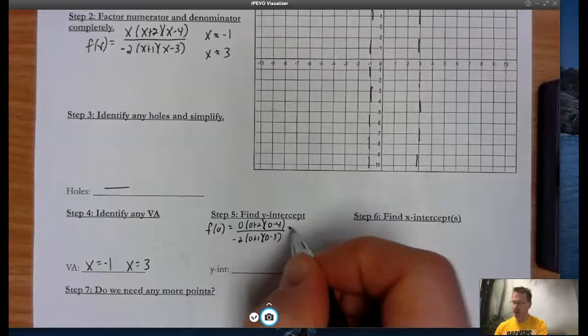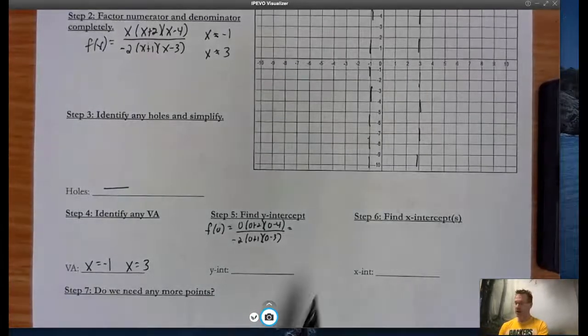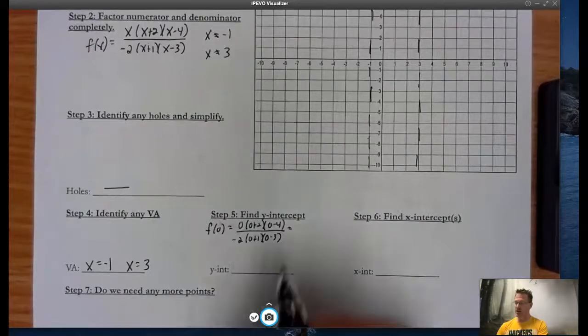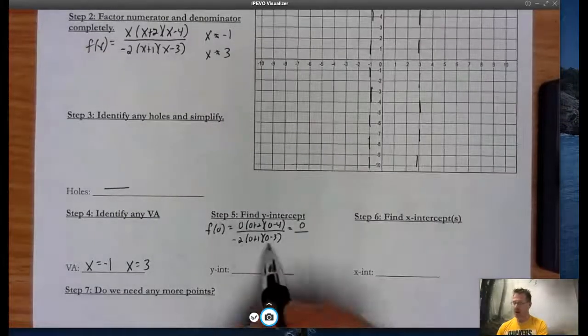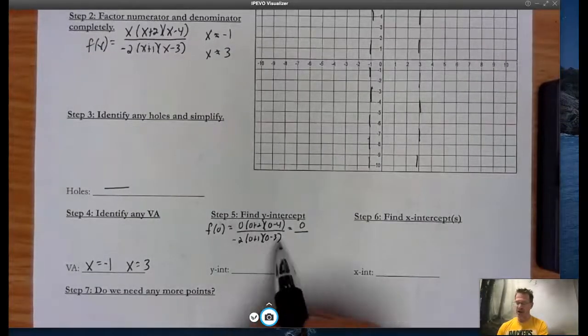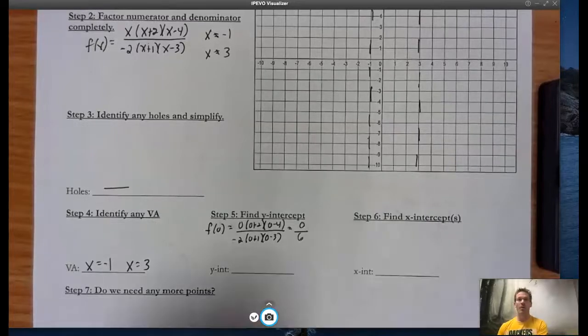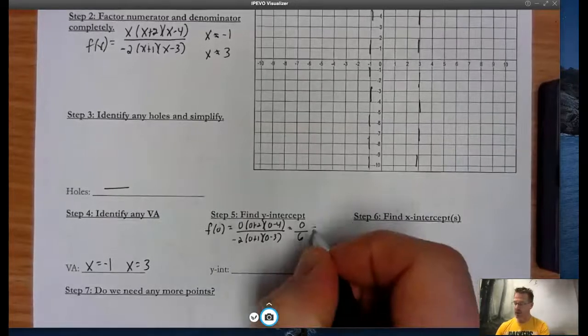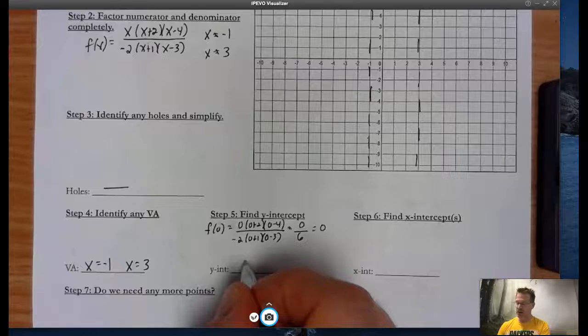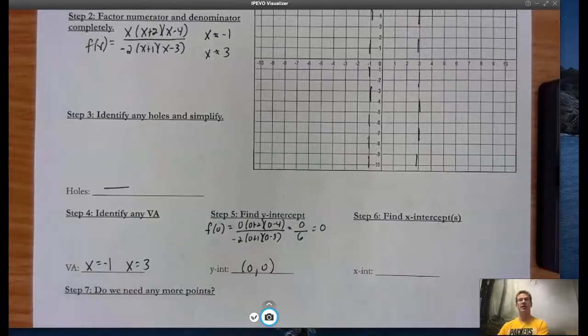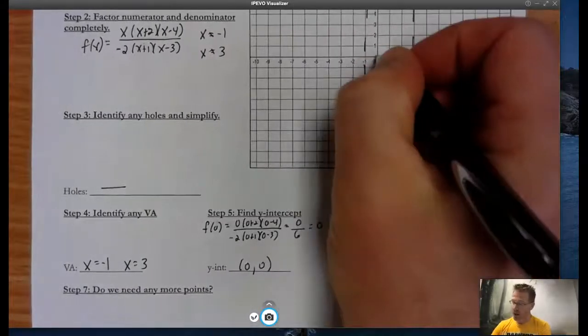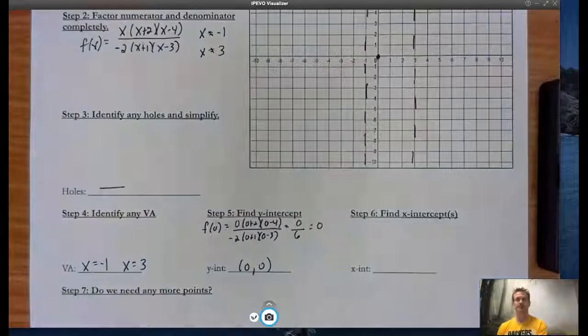It looks like the entire numerator is going to be 0, it doesn't matter what the other factors are. Then we get negative 2 times 1 times negative 3, which is a positive 6, which means our y-intercept is 0, so it's (0, 0), which also happens to be an x-intercept as well. So we know our graph goes through the origin here.